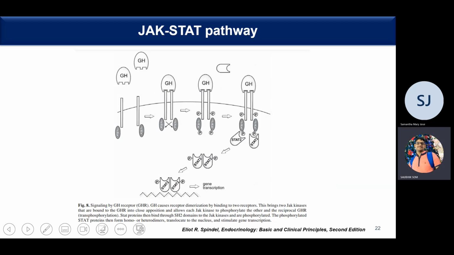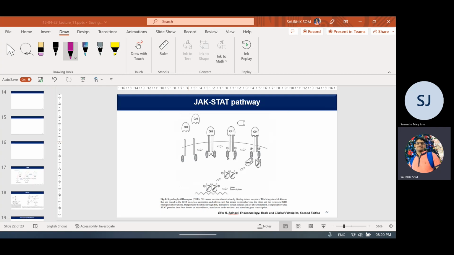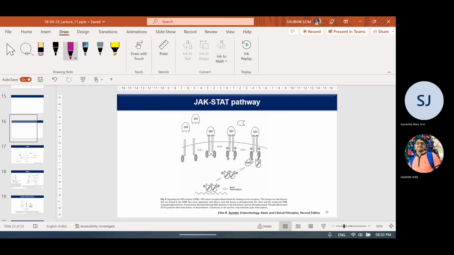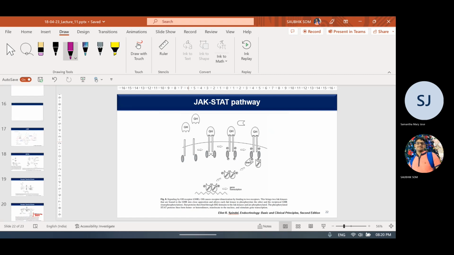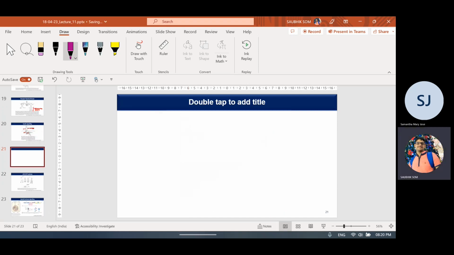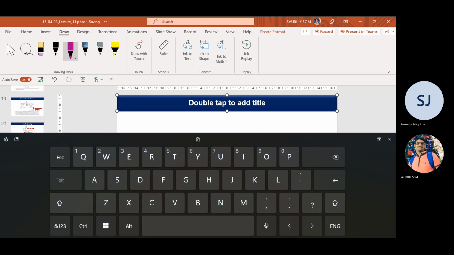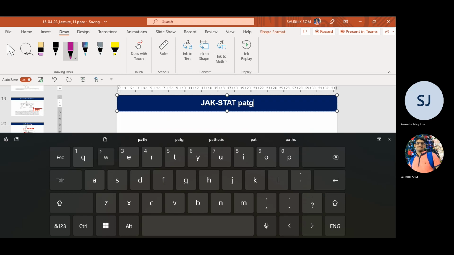Next, we'll come to the JAK-STAT pathway. So I'll also explain the JAK-STAT pathway. Okay.